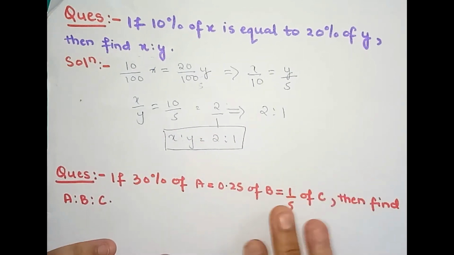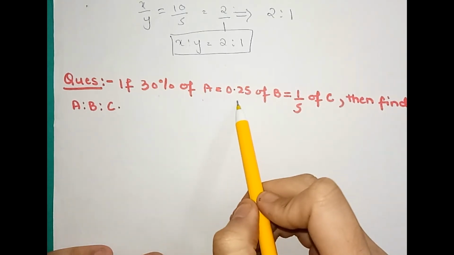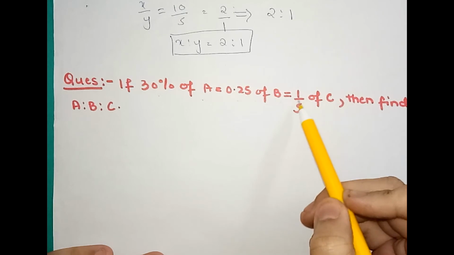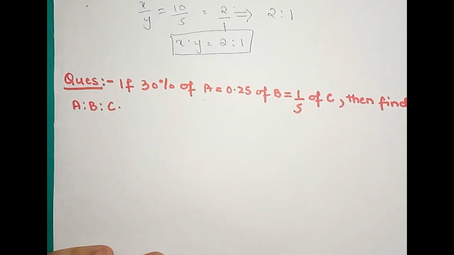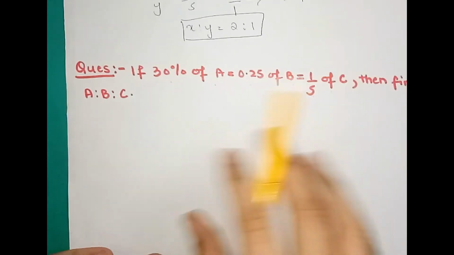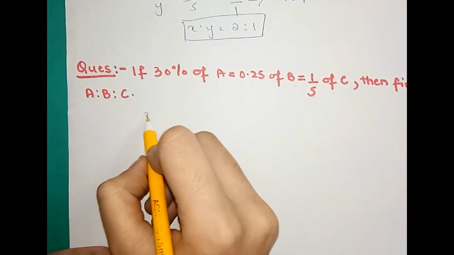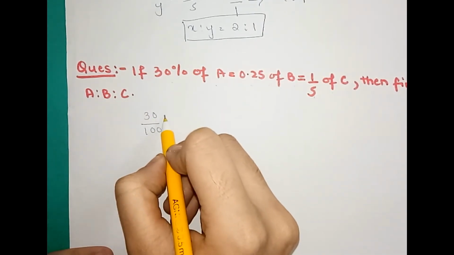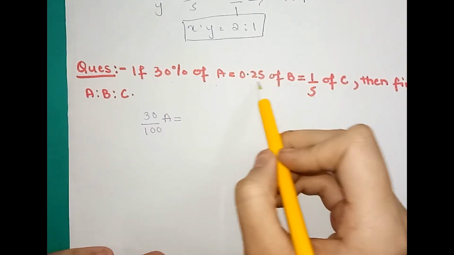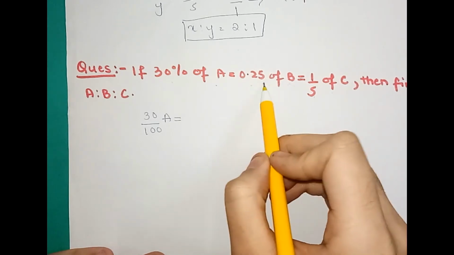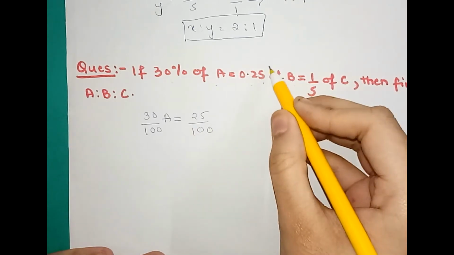Okay. Let us see the second question. If 30% of A is equal to 0.25 of B is equal to 1 by 5 of C, then find the value of A is to B is to C. Try to write this as a statement. 30% of A will be 30 by 100 into A is equal to 0.25 of B. Now 0.25, if you convert this into fraction, you can write it as 25 by 100, since it is not a percentage.